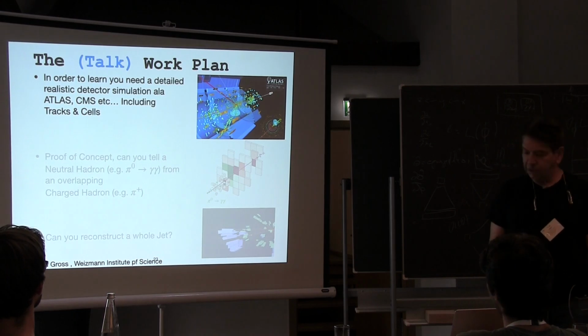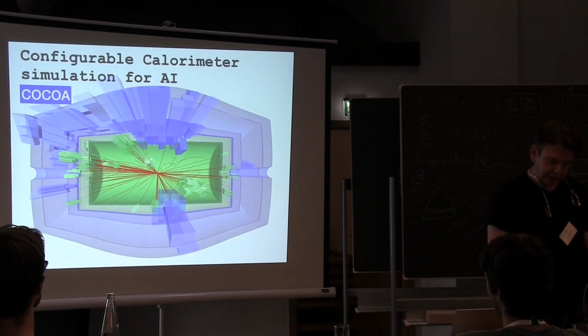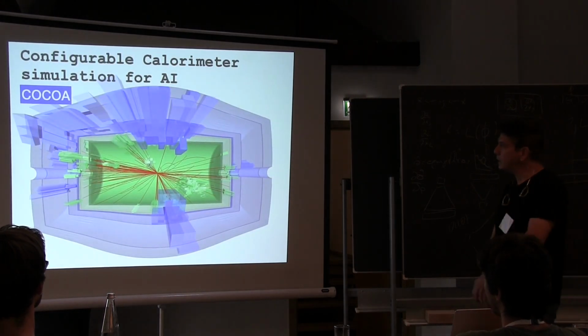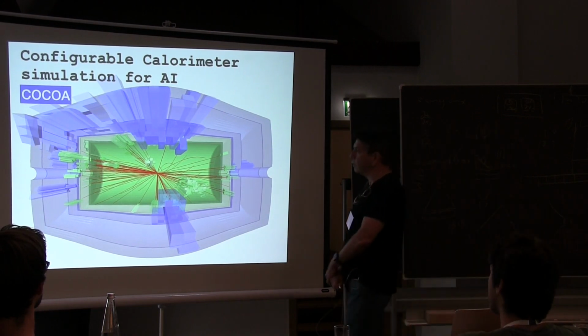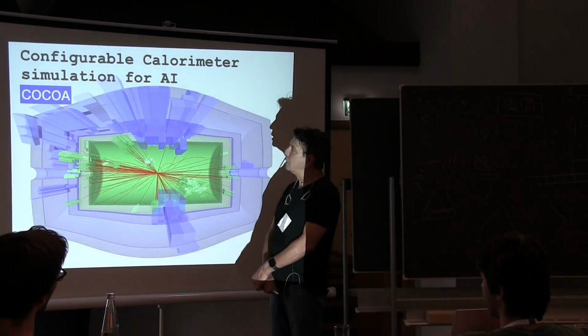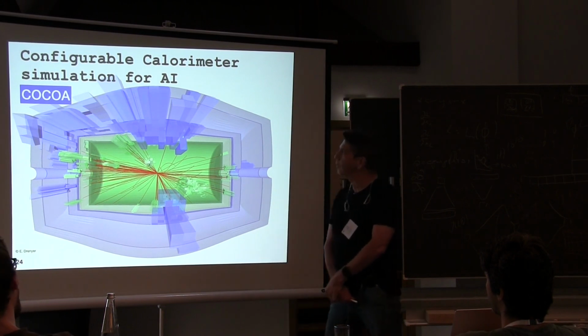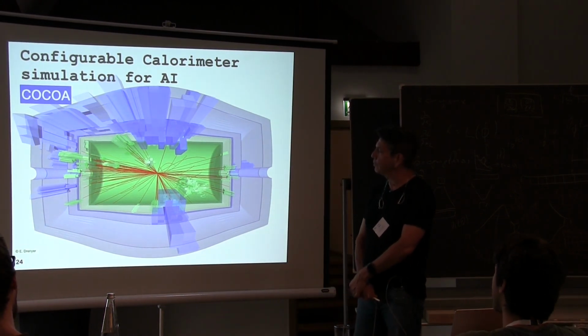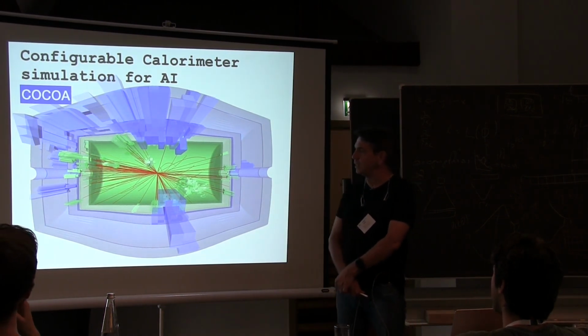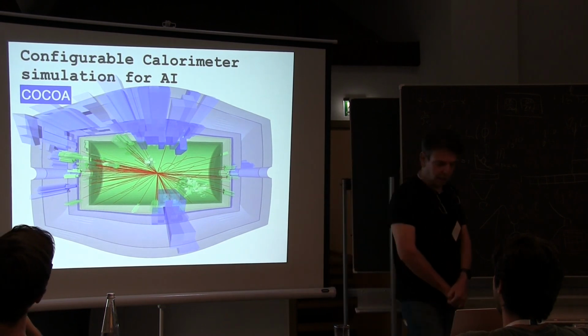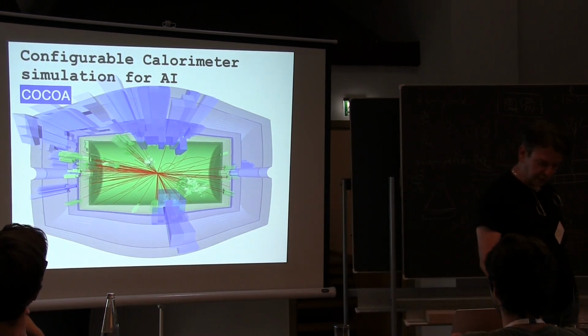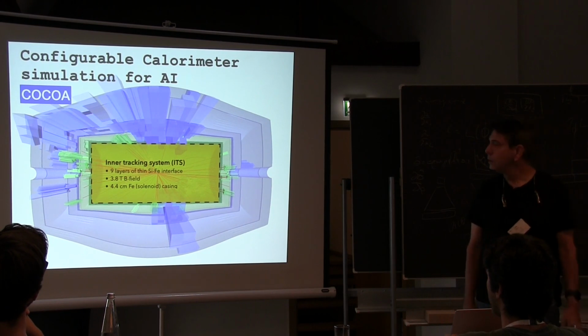Let's start with the first item. This is a detector that we built over a few years. It's called COCOA, Configurable Calorimeter Simulation for Artificial Intelligence Tasks. And it's been available for a few months now.